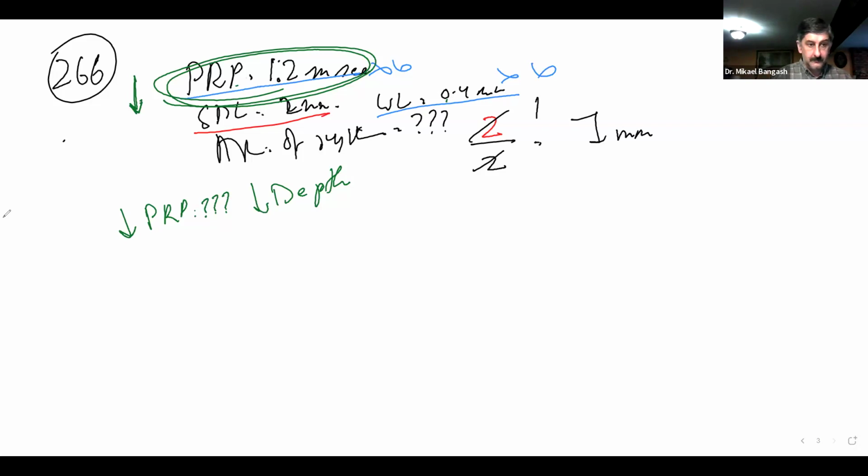Now, guys, never say never, okay? Let's see if you guys know how to do it. It says you have a spatial pulse length of 2 millimeters. Clear? Right?